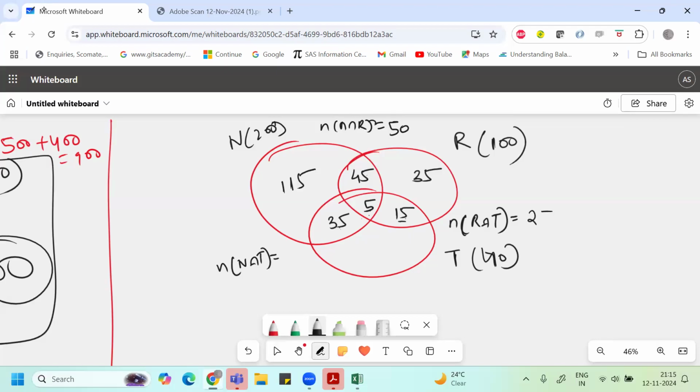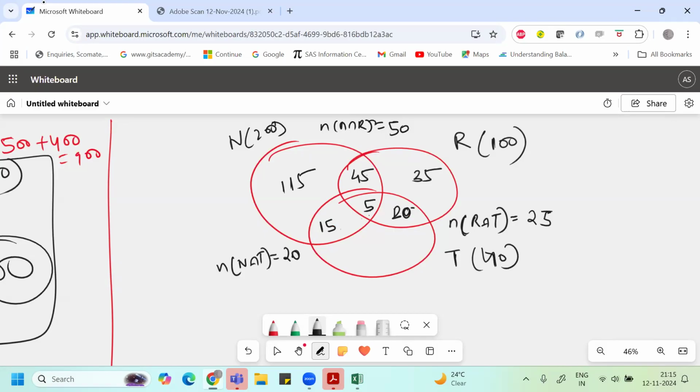Let me check if that's possible. And then N intersection T, what? This is 50. Then take 20 and 25. Take this 25, take this 20. If I take this 20, this will be 15, and if I take this as 25, this will be 20. Is this possible now?